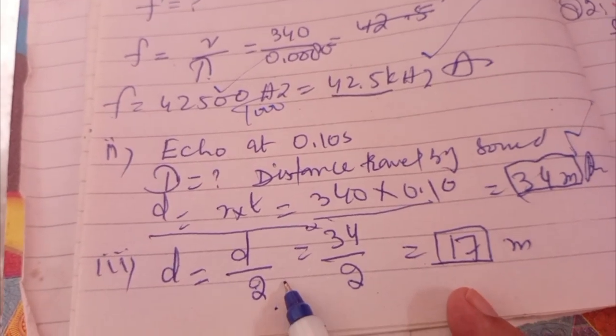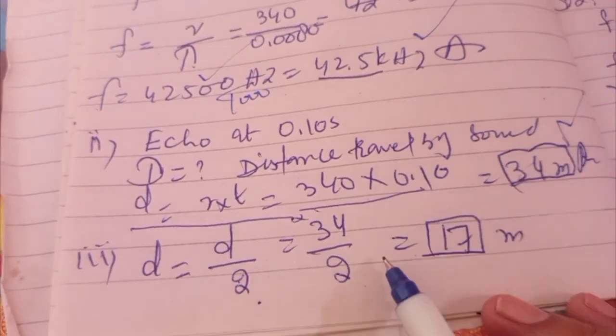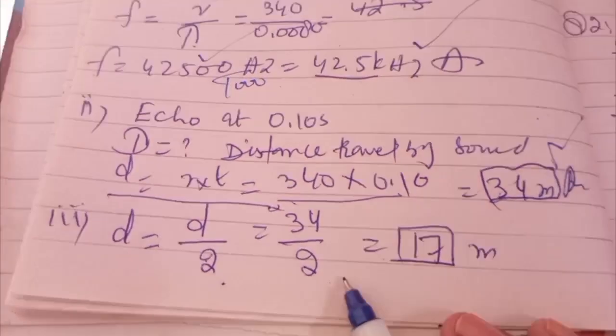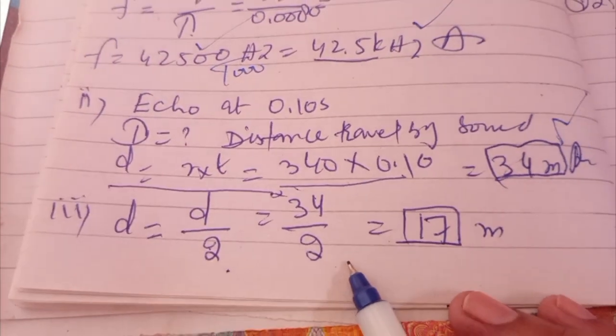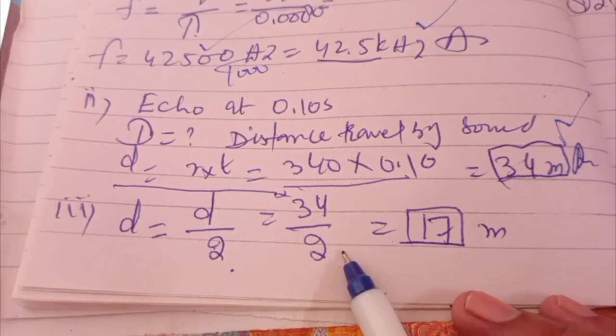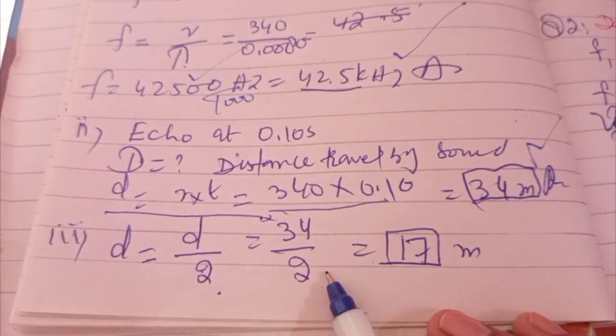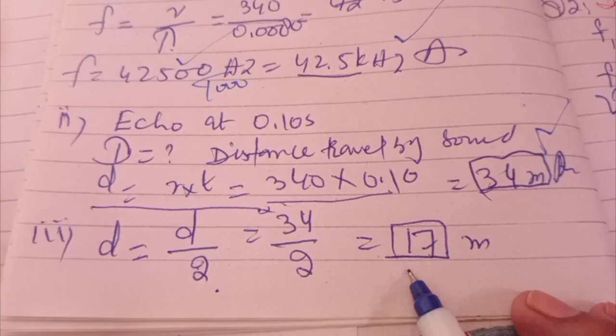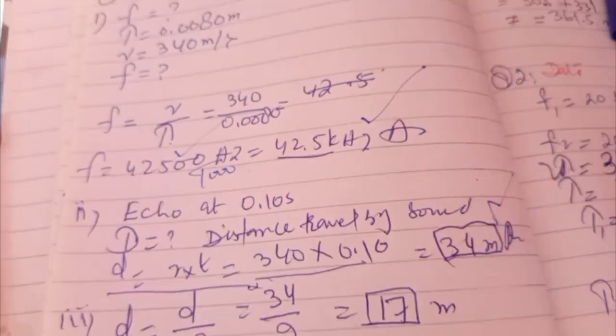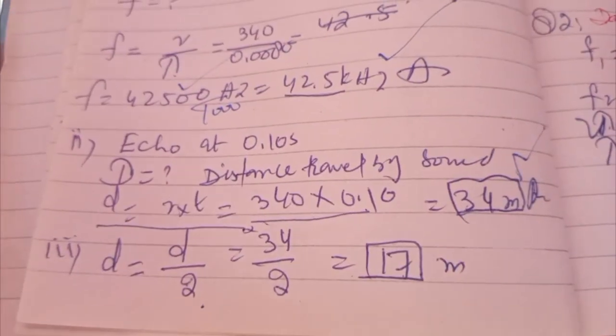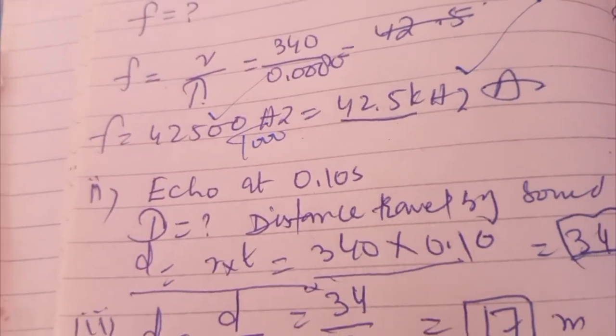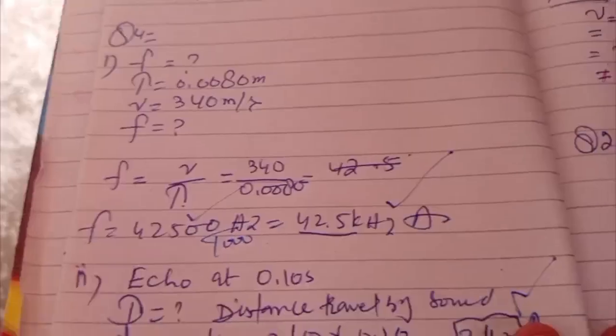Now the distance we have got here is 34, and for the half given in the formula, I will divide the 34 by 2. I get the answer 17 meters in this way.